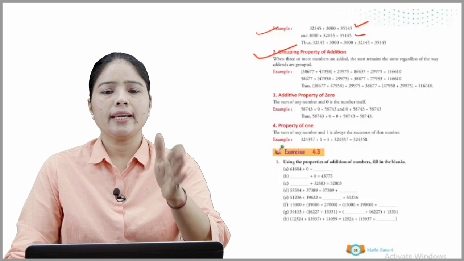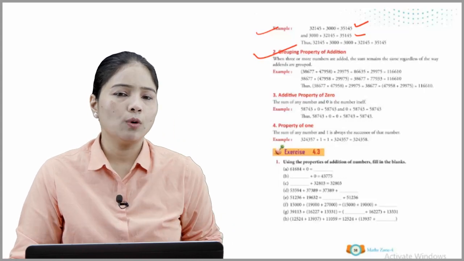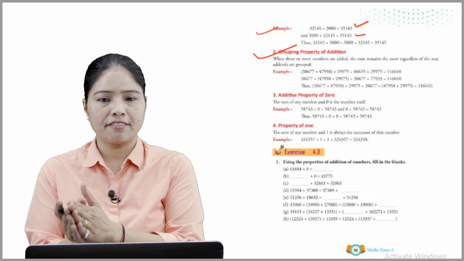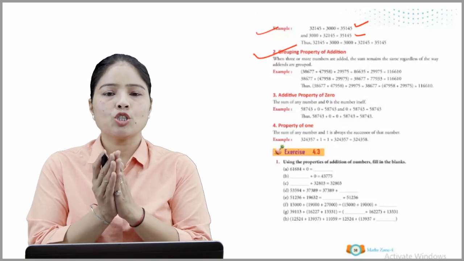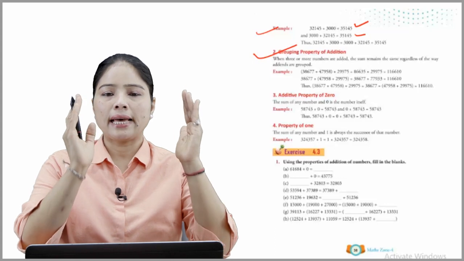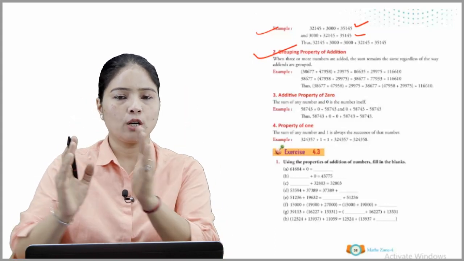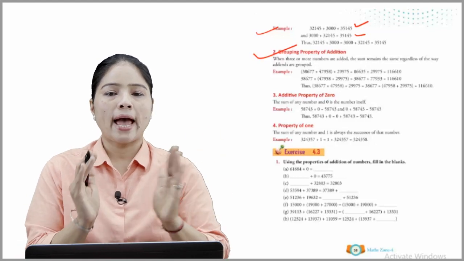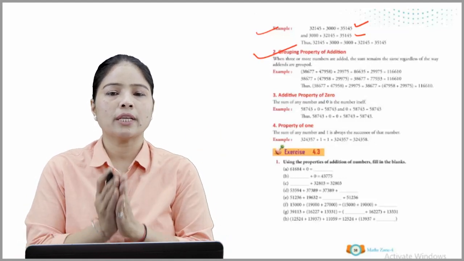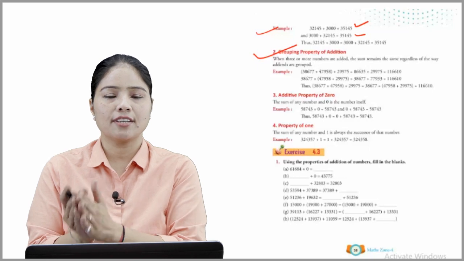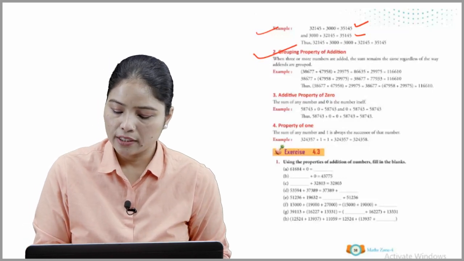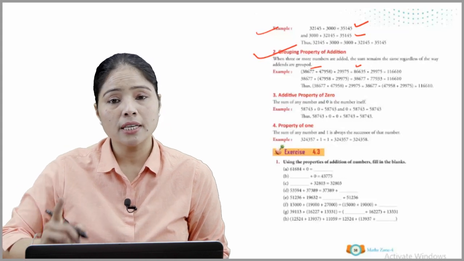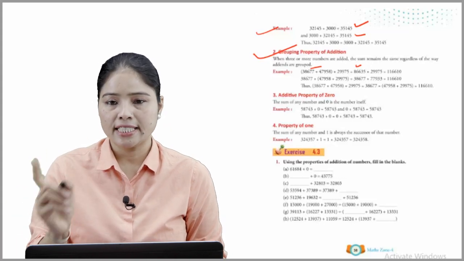Example, 38677 plus 47958 plus 29975. तो ये हमारा जो नंबर है ये क्या कर रखा है, पहले के दो नंबर को ब्रैकेट में लिखा है और तीसरा नंबर सेपरेट है. तो फर्स्ट टू नंबर को ऐड करने पर आपका जो आंसर होता है बेटा 86635. If you just add these two numbers your answer is this, and the third number remains same 29975.